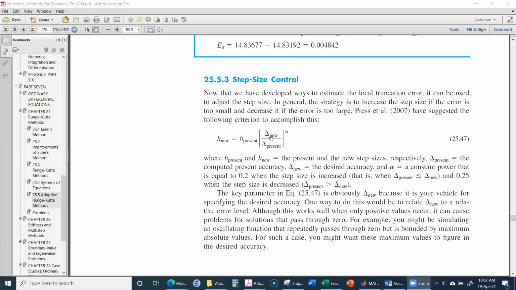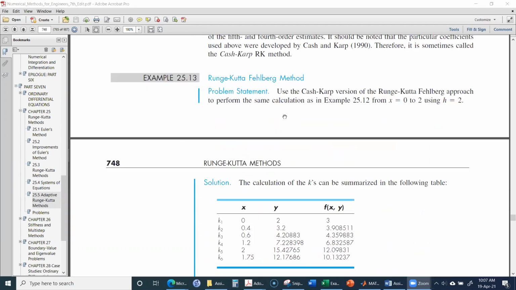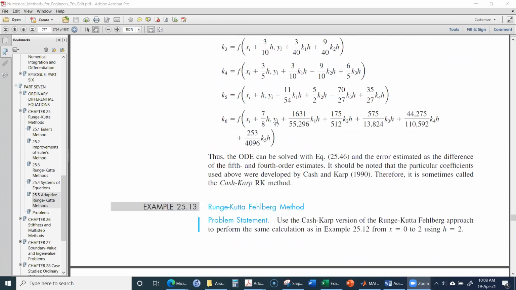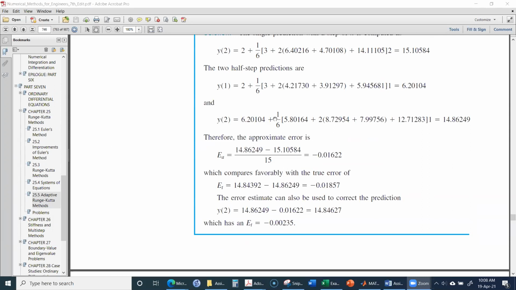If delta present is less than delta new, we will increase the step size. Here h new represents the modified step size, delta new is our target value of the error, and delta present is our current error, which we can find from either of the previous two methods, Runge-Kutta-Fehlberg or adaptive Runge-Kutta.